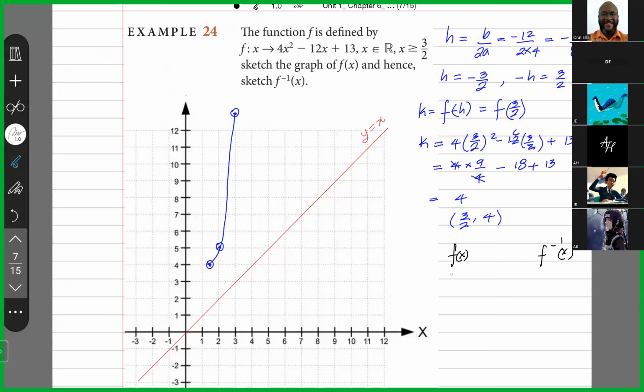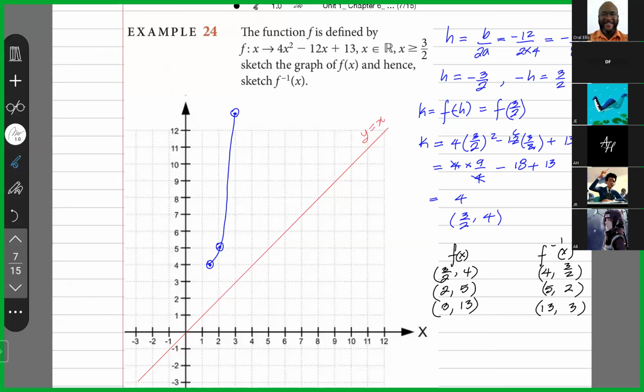On the f of x, I have 3 over 2, 4. I have 2, 5. And I have 3, 13. For f inverse x, the x and y coordinates are going to interchange. So I'm going to have 4, 3 over 2, 5, 2, and 13, 3.